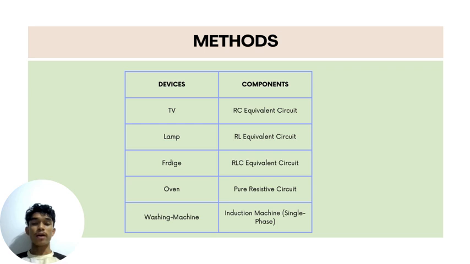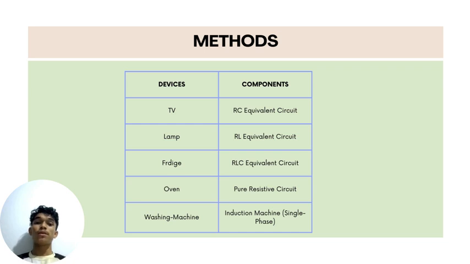The lamp has an RL equivalent circuit, which in one circuit has a resistor and also an inductor. The fridge has an RLC equivalent circuit, which in one circuit has a resistor, inductor, and also capacitor. Three of them in one circuit.